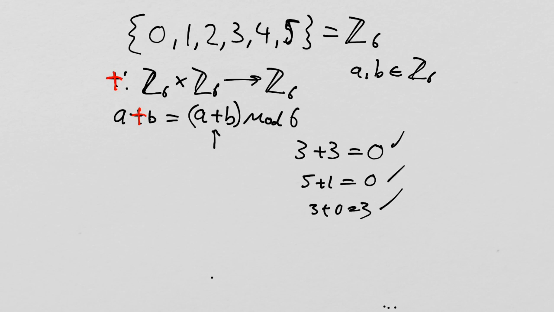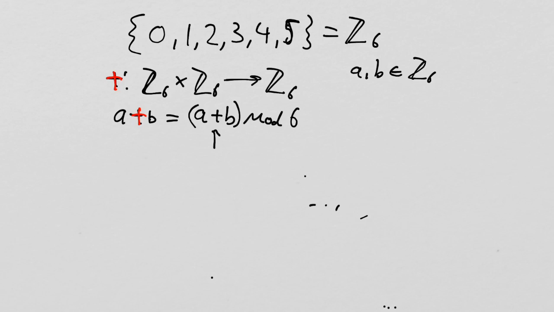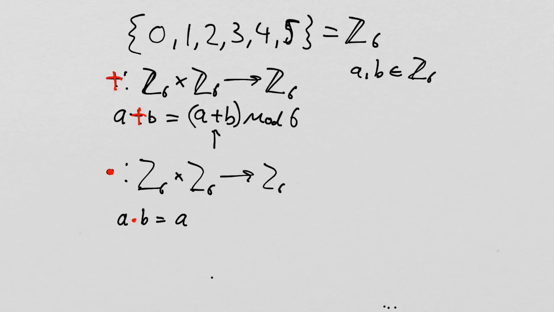But what's also nice is that it's a monoid under multiplication, where we define the group multiplication by, again, Z6 cross Z6 into Z6, and A group multiplication B equals integer A multiplied by standard integer B mod 6 again.